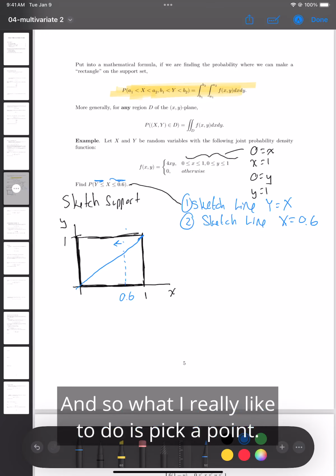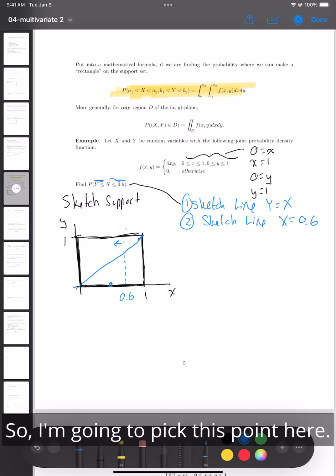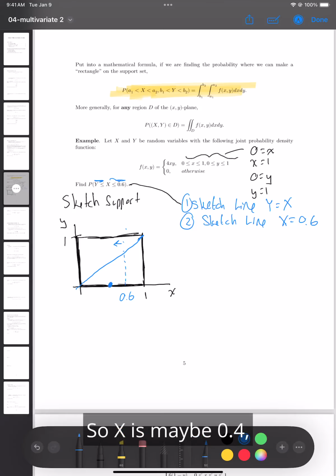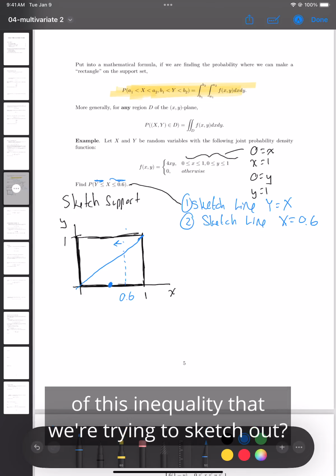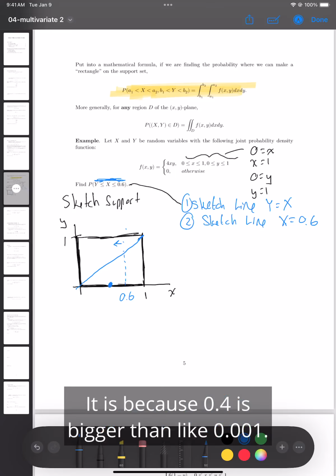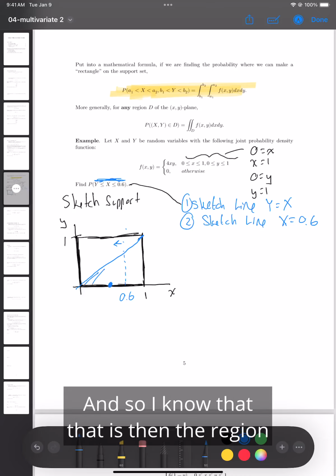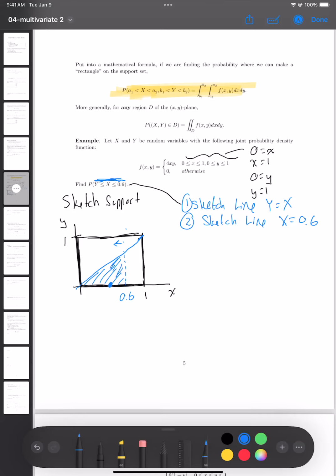So what I really like to do is pick a point. I'm going to pick this point here. So x is maybe 0.4, y is a little tiny bit over 0, and I ask myself, is that a part of this inequality that we're trying to sketch out? It is, because 0.4 is bigger than like 0.001, and so I know that that is the region that I want to be shading in.